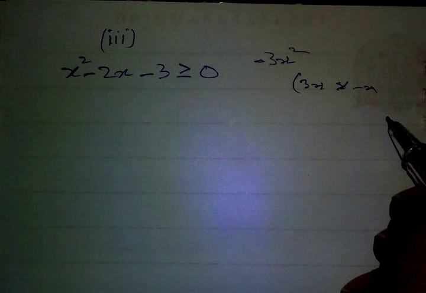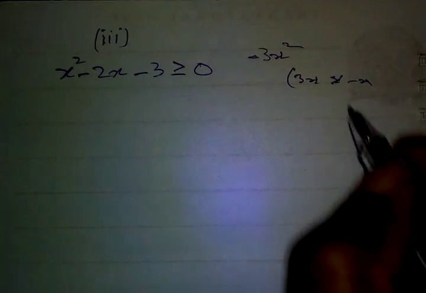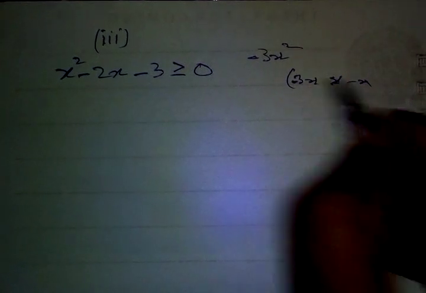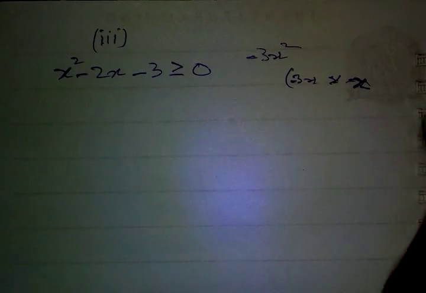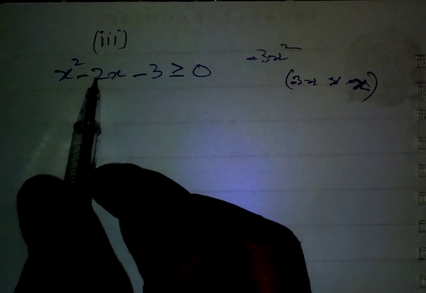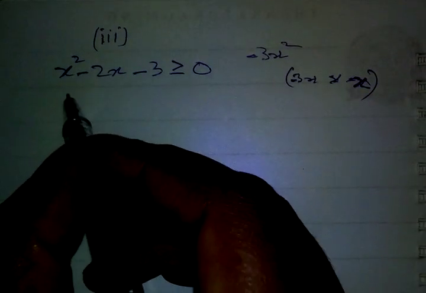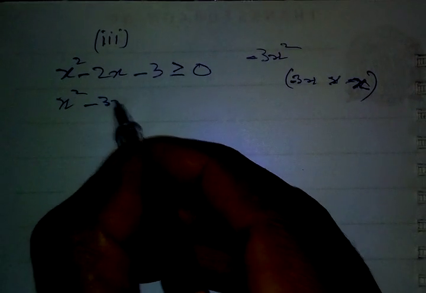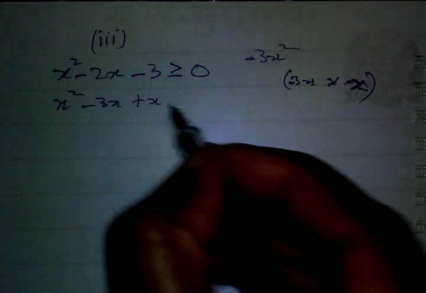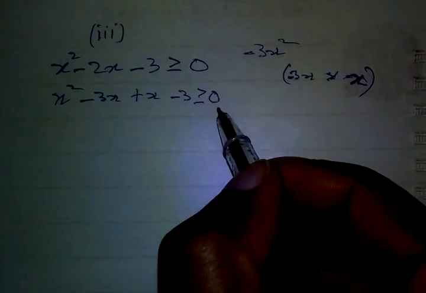No, that should be negative 3 and x. So in place of minus 2x, I will put in negative 3 and x. So the inequality becomes x squared minus 3x plus x minus 3 is greater or equal to 0.